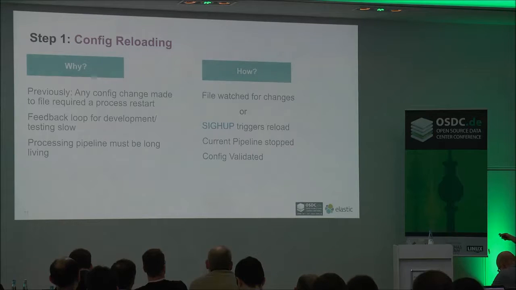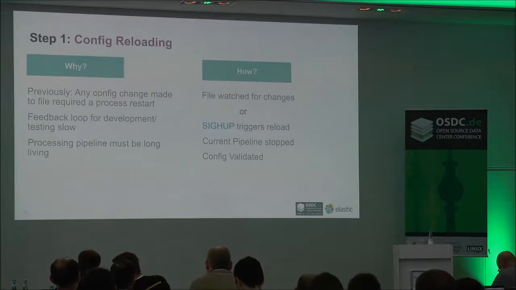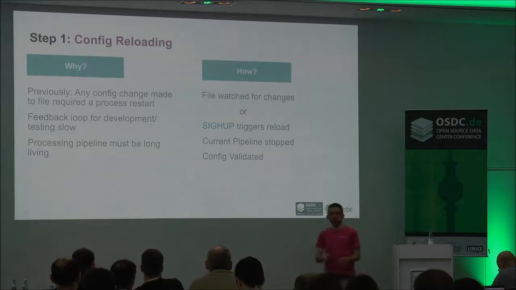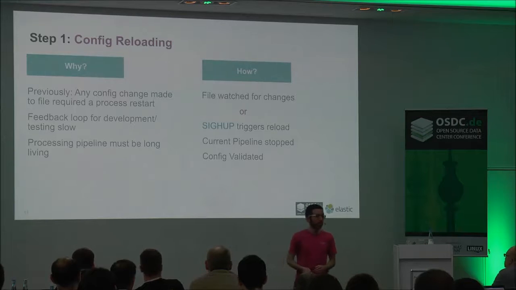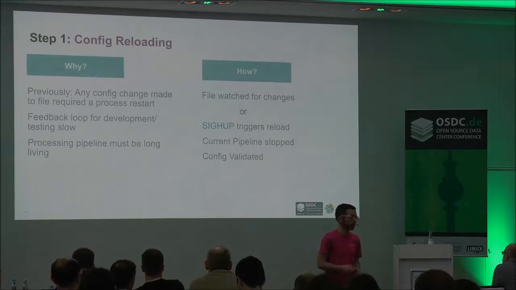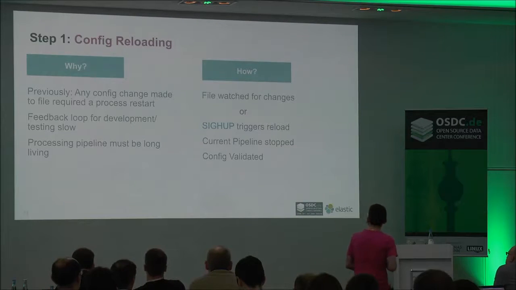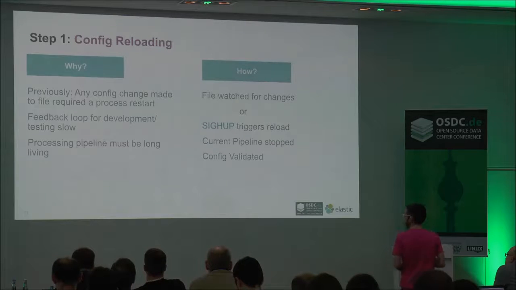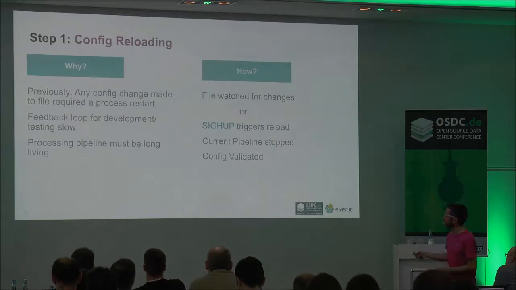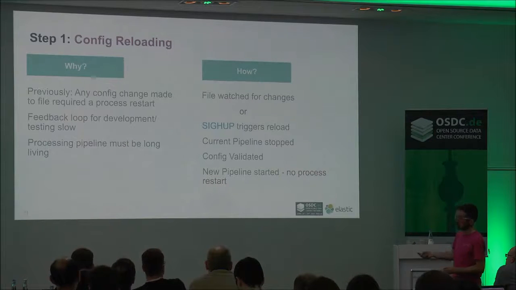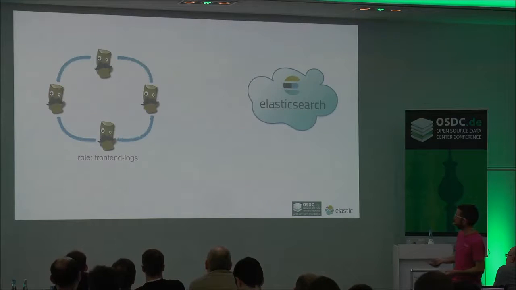You can trigger it with a SIGHUP. This was introduced in 2.3, but you need to enable this feature yourself. So this is very important stuff, the pipeline config reloading. You don't need to actually restart anymore.